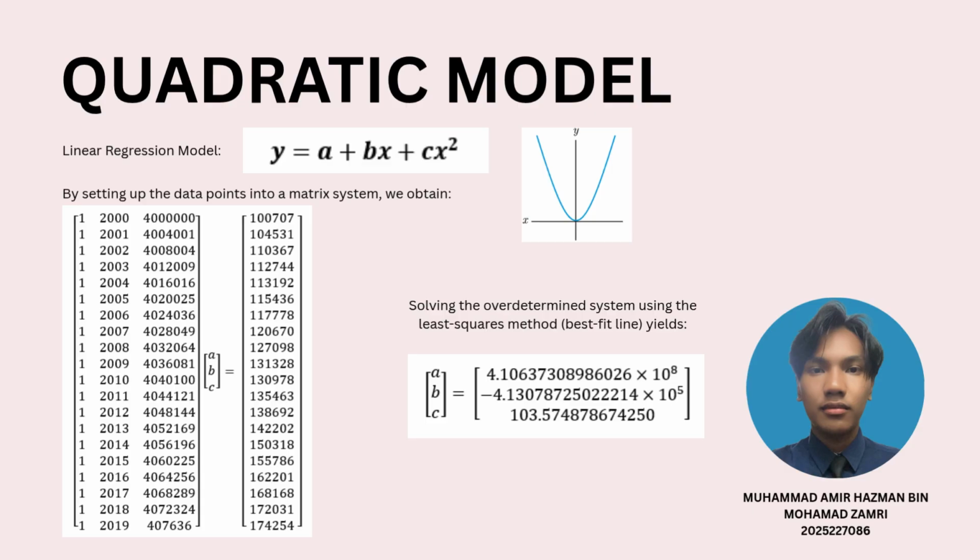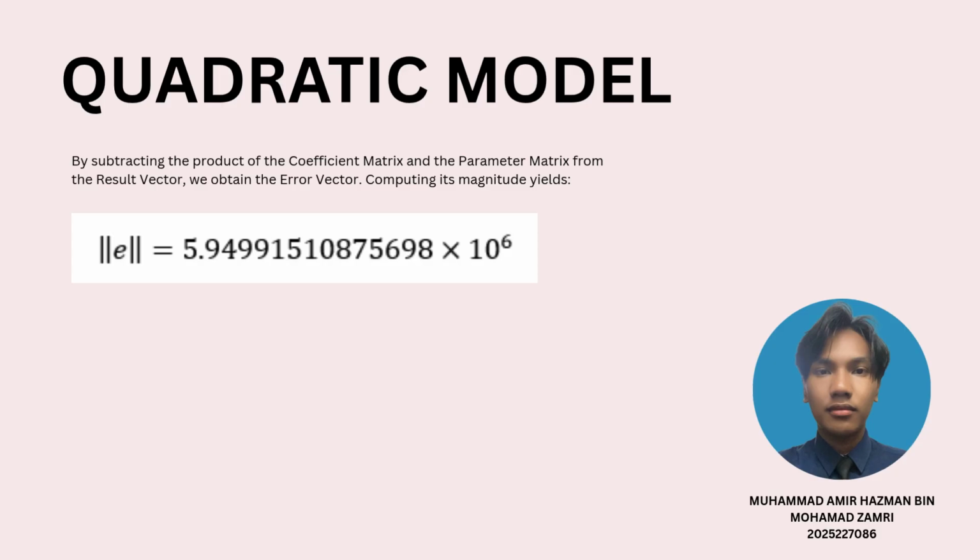After solving the system using the least square method, the values of a, b, and c have been identified. Next, we subtract the product of the coefficient matrix and the parameter matrix from the result vector, and we obtain the error vector.